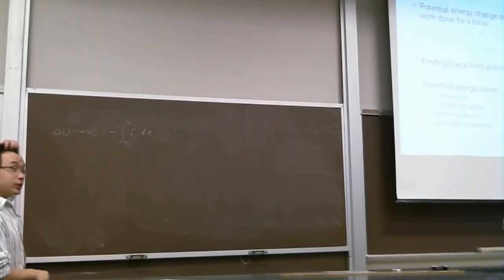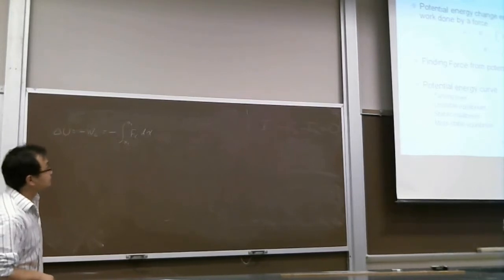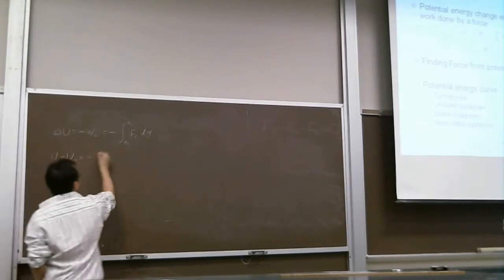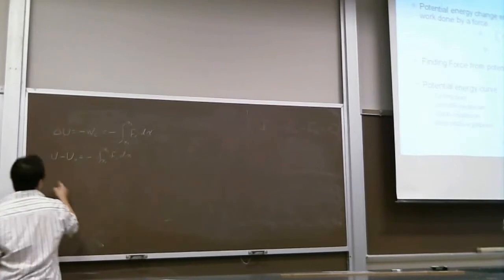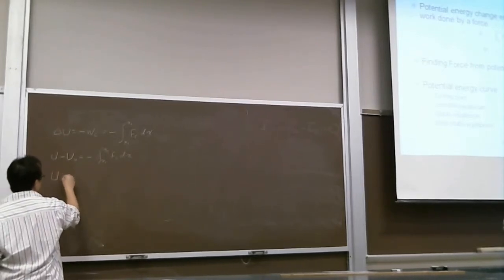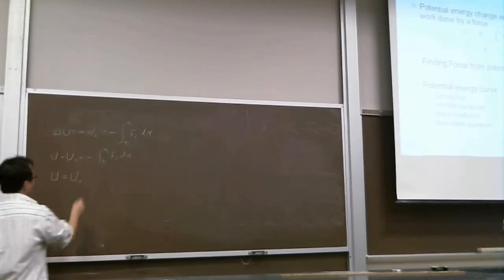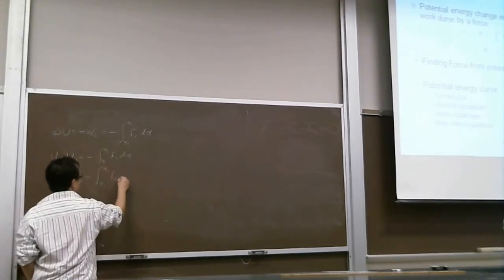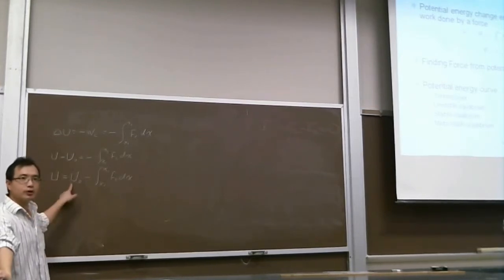That's a way to calculate the potential energy. So U minus U naught equals negative integral from x1 to x2 of Fc dx. This will give you an expression for the final potential energy: the initial potential energy, subtract the work done by the conservative force. That's the way to calculate the potential energy at any point.